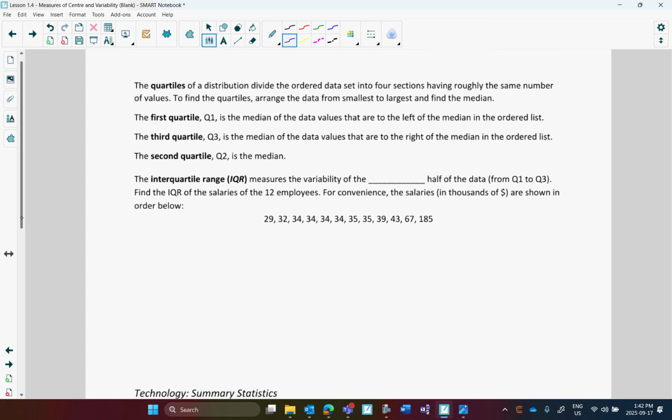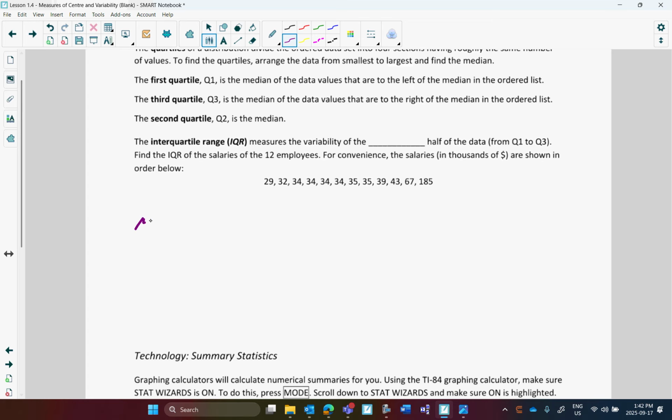So remember, we found the median from the first page. It was 34.5, because these were the two numbers in the middle, and we averaged them out.